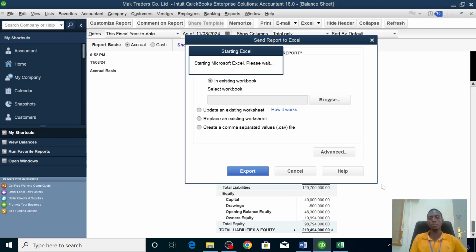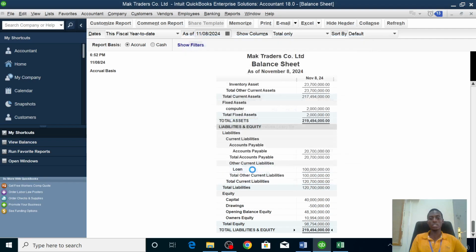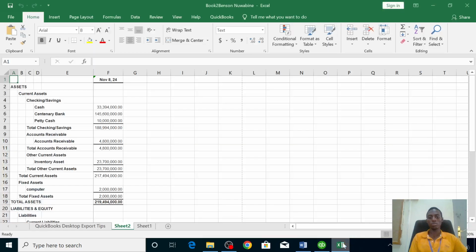I open. So now I can export my balance sheet, the same file but on different sheets. Now my balance sheet is right here, and income statement right here.